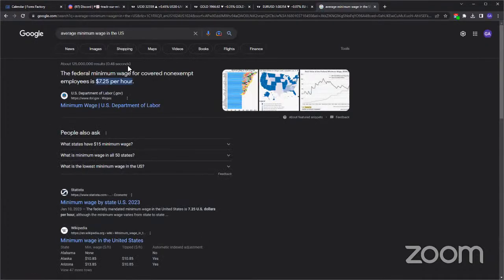Okay, 7.25. That's the federal one. I think the average state one is maybe 10, but let's even consider $15 an hour. The average person maybe goes to work 8 hours a day, and that's not even in retail, where people work maybe 4 or 5 hours a day, but let's consider 8 hours a day.